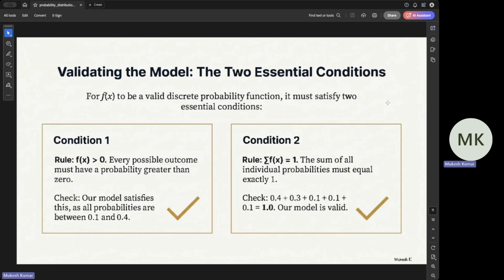Now there are 2 essential conditions which the probability density function should adhere to. Condition 1 is that the probability of each outcome occurring should be greater than or equal to 0. This makes sense because probabilities are generally a number between 0 and 1, both included. The second condition is that the sum of the probabilities of each outcome should be equal to 1.